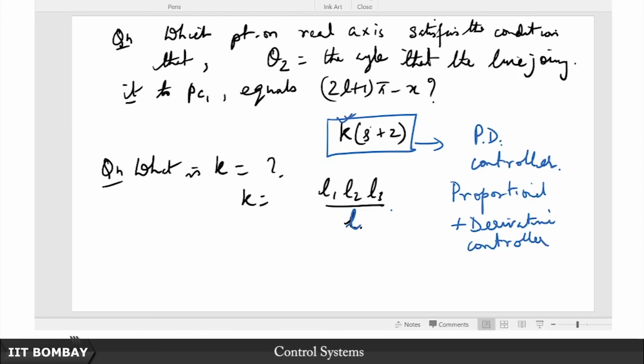Why derivative? You see k times z is going to be the proportional part. Why the derivative? Because remember s times anything in the Laplace domain is akin to taking a derivative of the time domain function, whose Laplace transform it is that you are multiplying with the s. So therefore it's a proportional plus derivative controller. So apparently all is well.